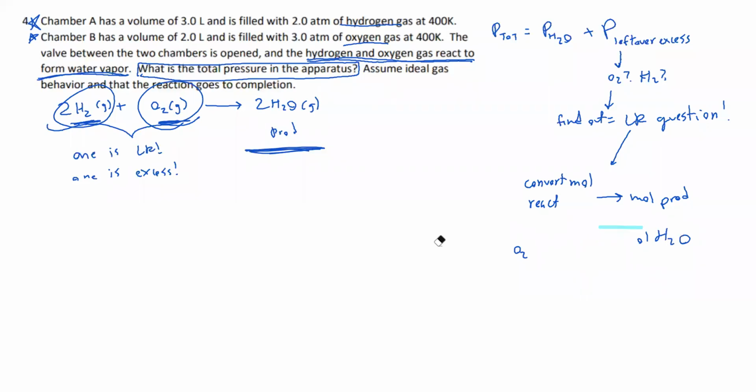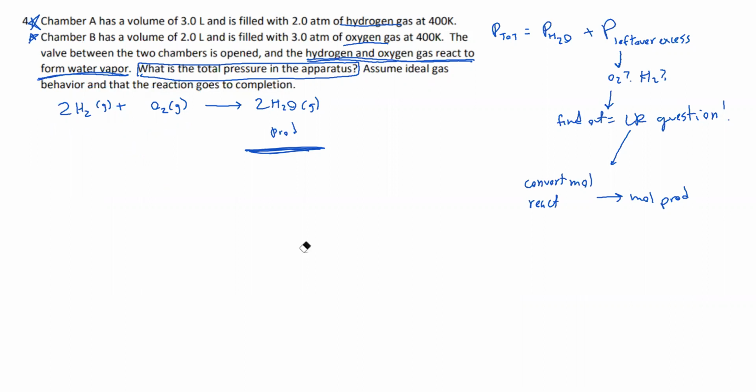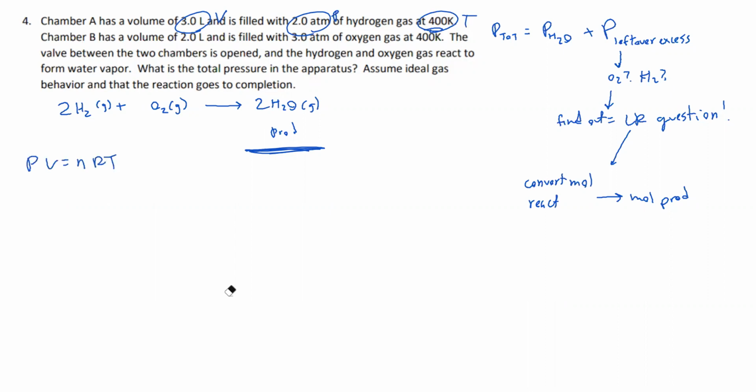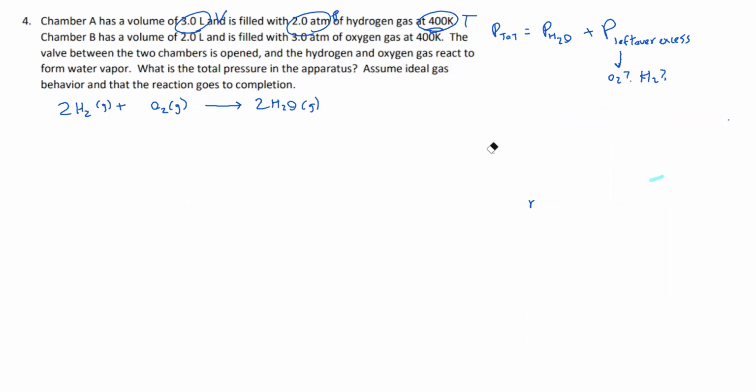So we're not actually given the moles of hydrogen or the moles of oxygen, but we're given volume, we're given pressure, and we're given temperature. That's kind of setting us up to use PV = nRT. So let's go ahead and do that. Cool. So right now we're figuring out which gas reactant is the limiting reagent.